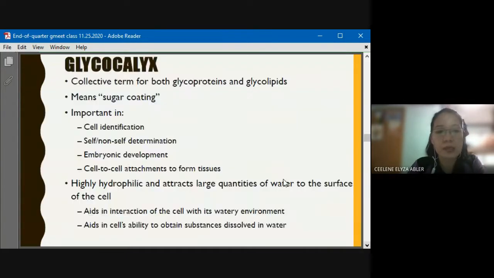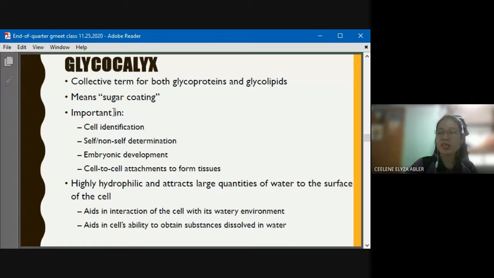Alright? So another time, halimbawa, may combination ka. Halimbawa, meron kang glycoproteins, glycolipids outside of the cell or embedded in throughout your plasma membrane. So the collective term for that is what we call as the glycocalyx. So glycocalyx means it's a sugar coating kasi nasa labas kasi yan sila.